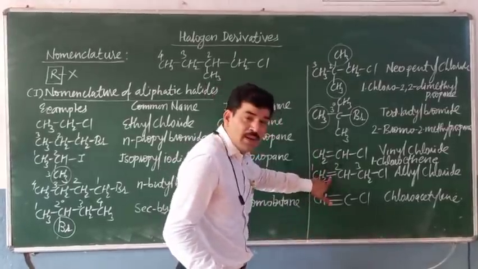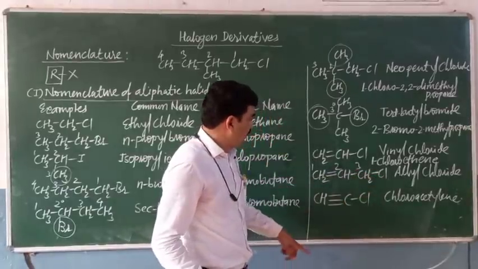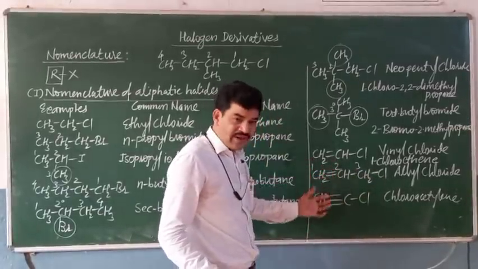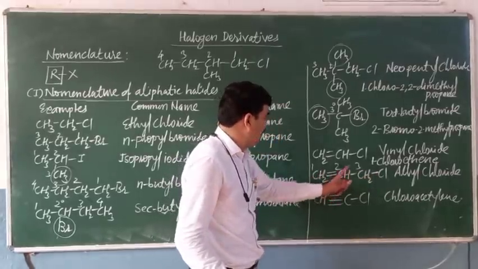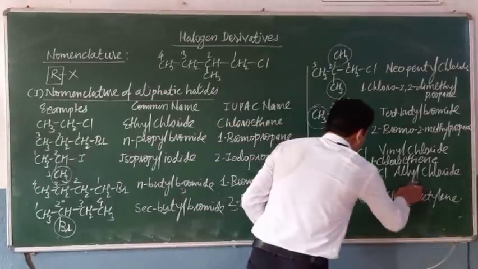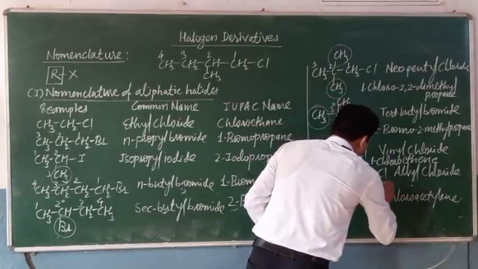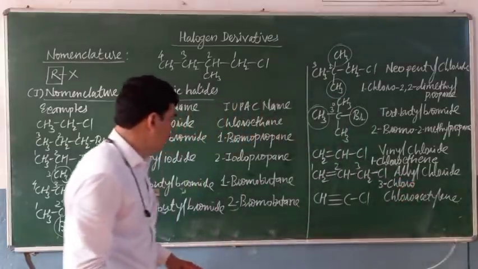In the priority order, which we have already studied in 11, the alkene group gets higher priority over the halide group. And therefore the position of halogen is 3, name of halogen chloro, 3-chloro.